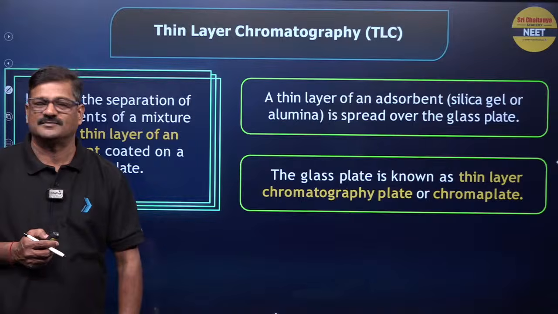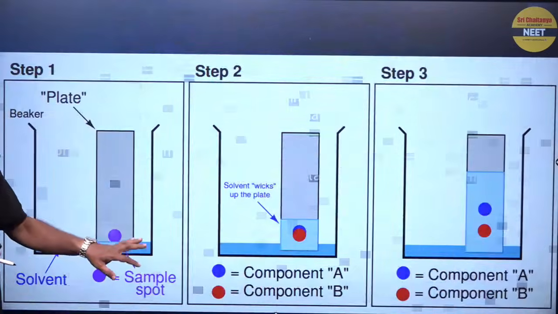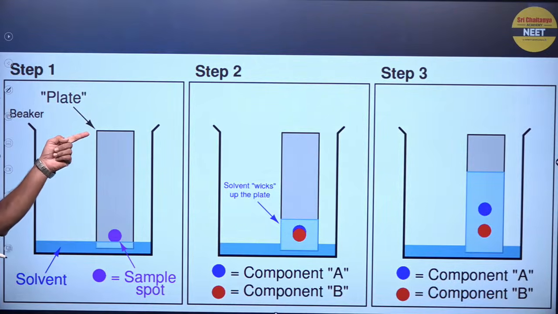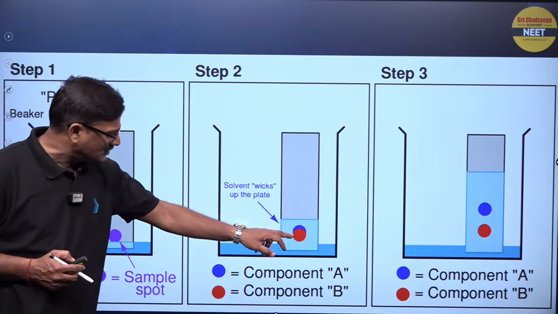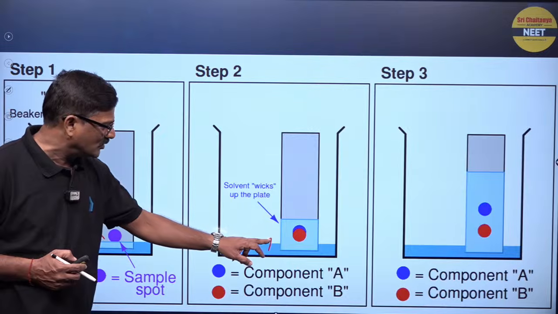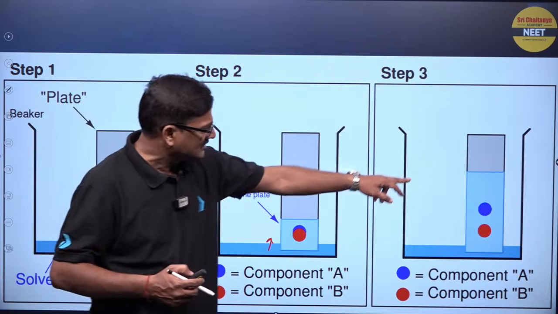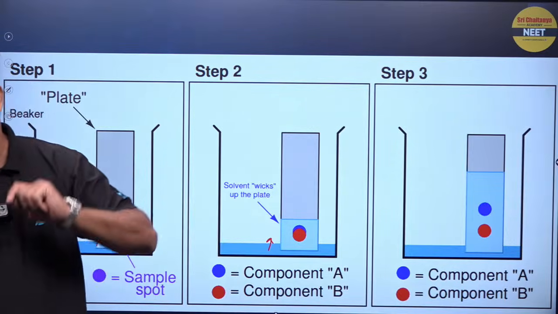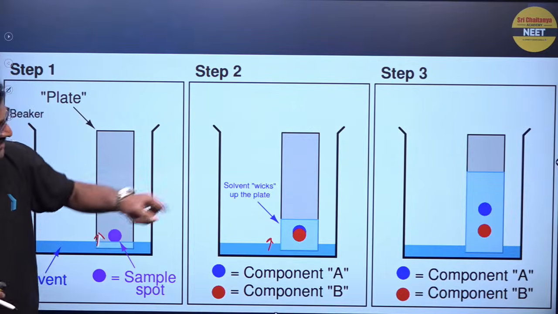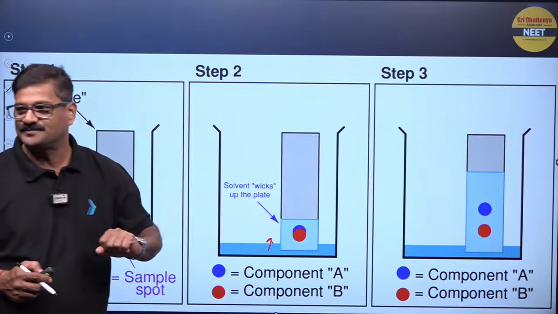The sample spot is placed on the plate, and the solvent creeps up. Along with it, the compounds present also move and get separated like this. And you can calculate the Rf factor, the retardation factor, like this.